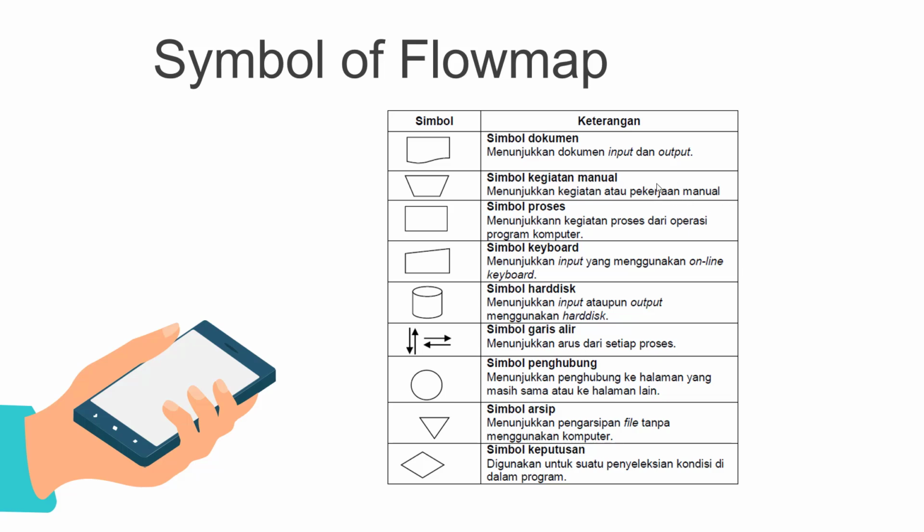For example, maybe in your existing system, a document is handled with Excel, or they don't have Excel. If it is Microsoft Excel, to input the data, you can use this symbol, the process symbol.